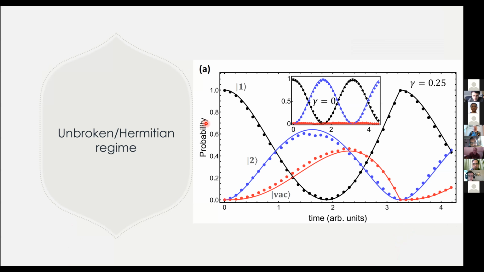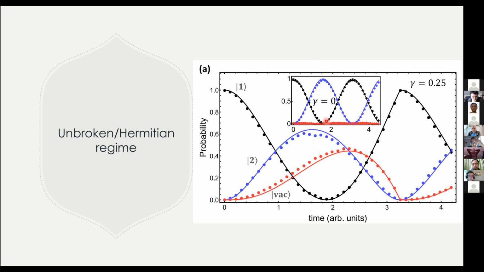Doing the experiment and classically simulating what the experiment should do gives pretty close results. There may be a few slight differences, but that's experimental error. As you can see for the Hermitian system, it gives straightforward oscillations, and the reverse and forward systems are uncoupled from each other, so it's very standard oscillations.